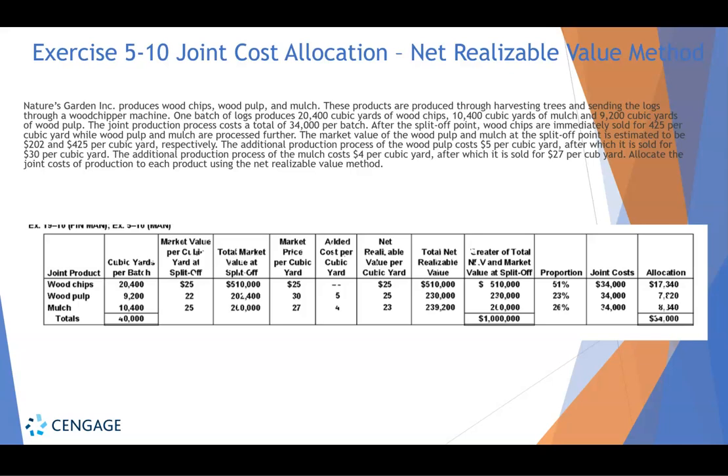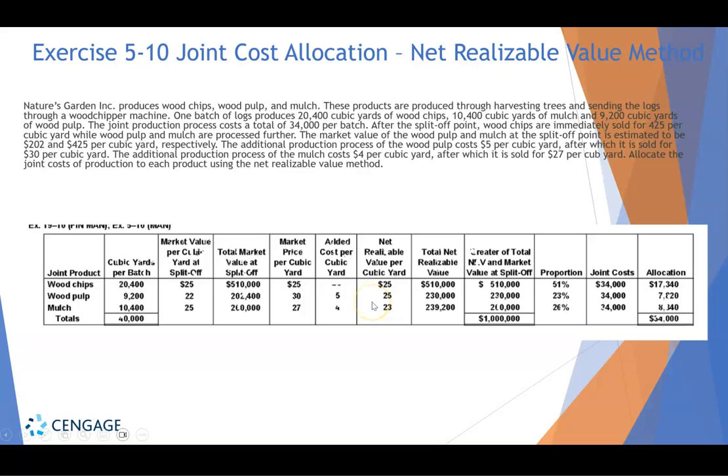The wood chips don't need to be processed further, but the wood pulp and mulch do need to be processed further. So therefore, we find the net realizable value per cubic yard at the split-off, or I should say the market price, subtract any additional costs that need to happen, which then gives us our net realizable value.